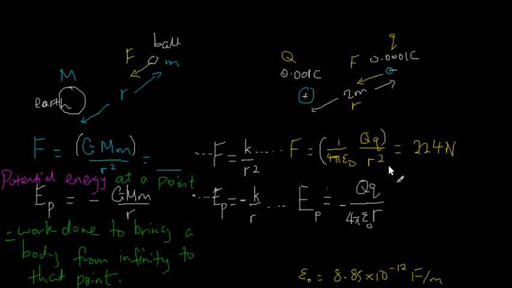Okay, so with our understanding of the similarities between the electric force formula, the Coulomb's law formula, and Newton's law of gravitation, we can write down the formula for the electric potential energy quite easily just by comparing it with the formula for gravitational potential energy without having to actually go through all the same steps again.